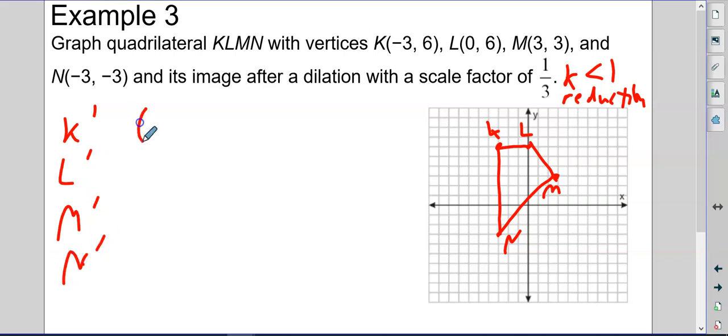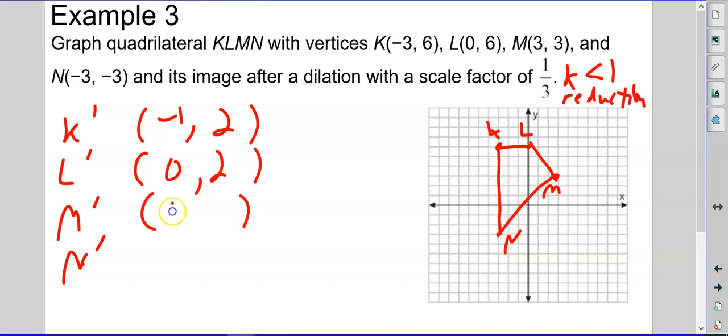So starting with K, negative 3 divided by 3 is negative 1. 6 divided by 3 is 2. 0 divided by anything is 0. And 6 divided by 3, as we said, was 2. 3 divided by 3 is 1, so that's 1, 1. And there's going to be negative 1, negative 1.